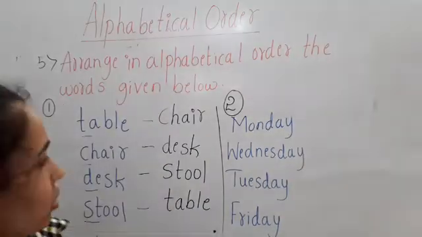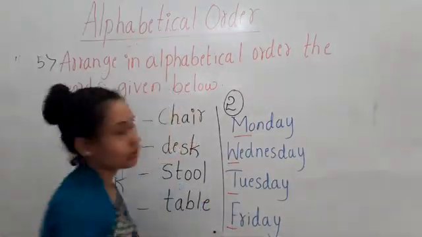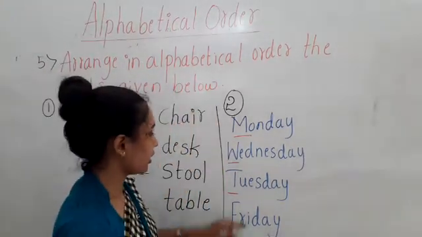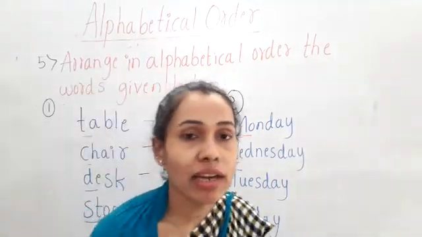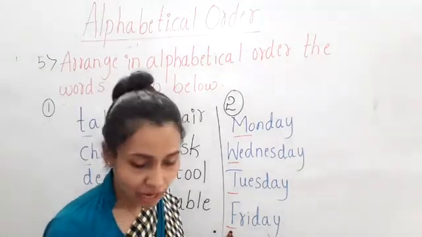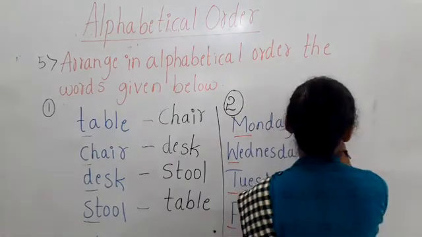Okay, children. So here M, W, T, F. All the beginning letters are different, so we have to take the first letter. So which letter comes first in the alphabet? F, right? So we have to write here Friday first.